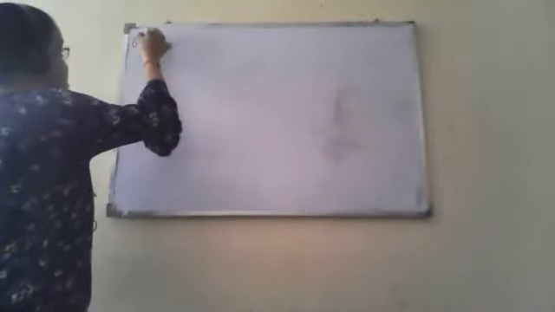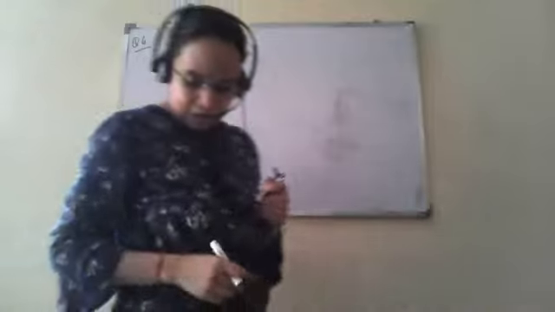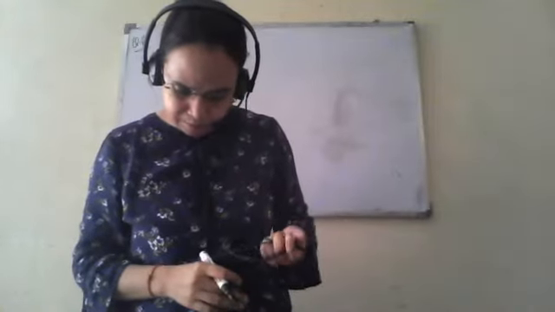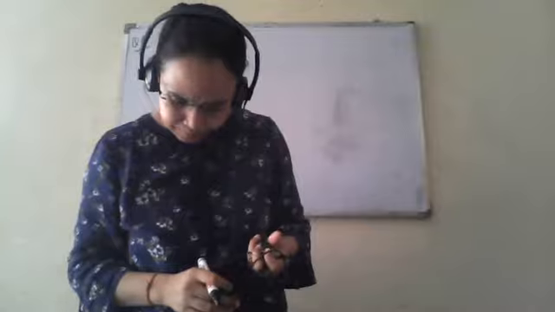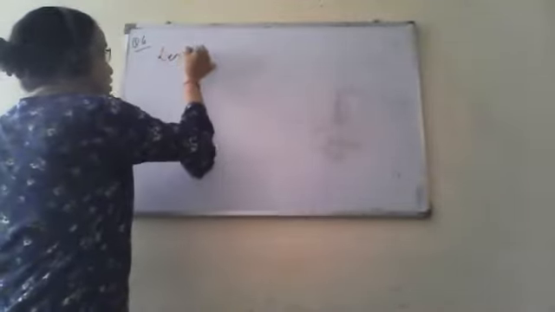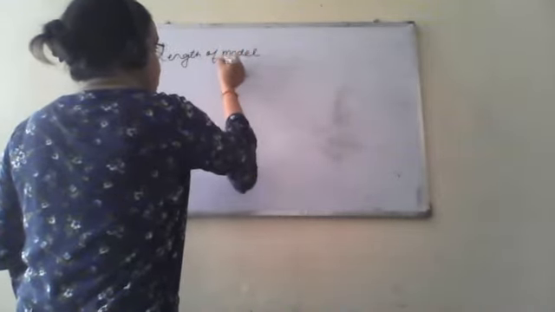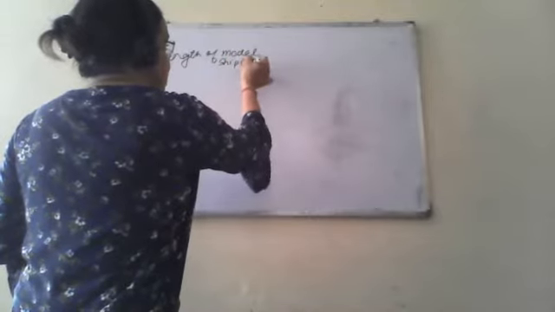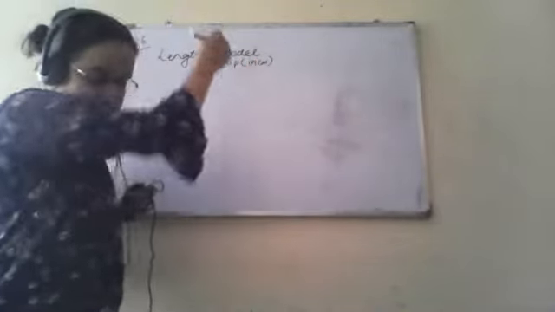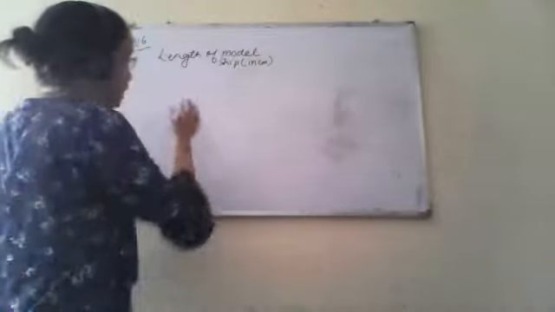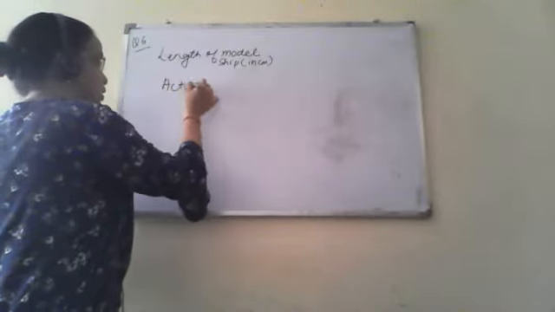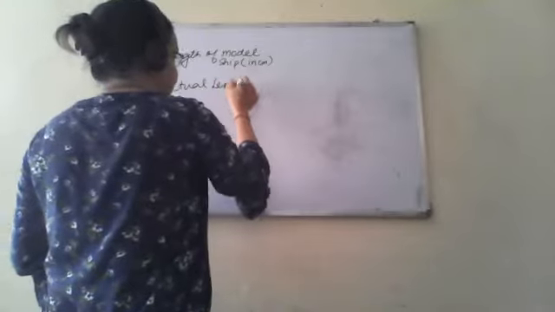Now, two things are given: the length of the model ship and the actual length of the ship. The length of the model ship has been given in centimeter, and the actual length is given in meters.